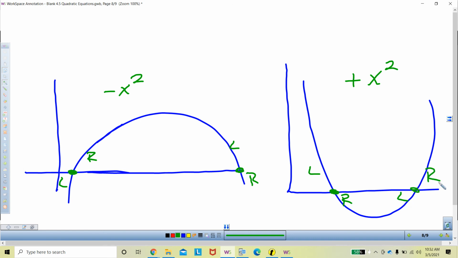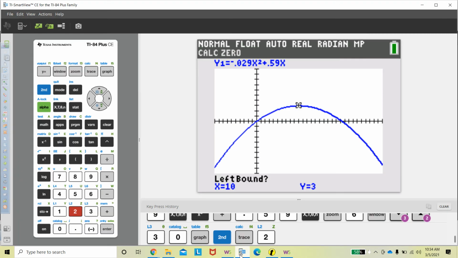When we do second trace 0, essentially, we're trying to surround the x-axis with the cursor. In practice, this is what I mean. It's a good thing to write down because it confuses kids massively. Hopefully you can make it look better than mine. So second trace here, we have left bound.